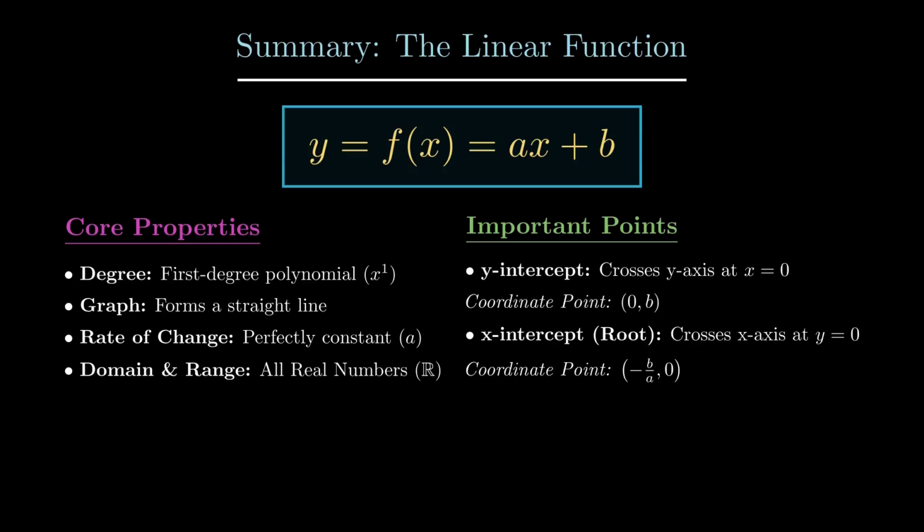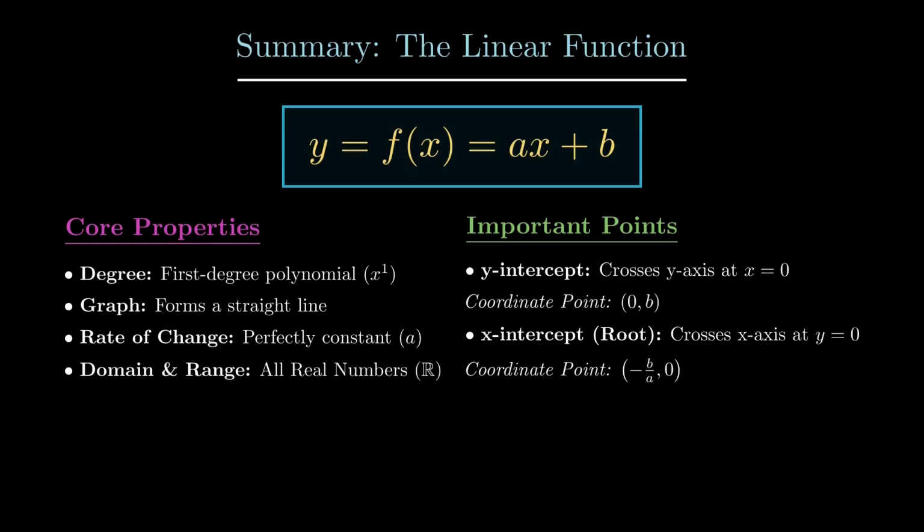Its graph is always a perfectly straight line with a constant rate of change given by the slope a. Because the line extends infinitely in both directions, both the domain and the range consist of all real numbers.